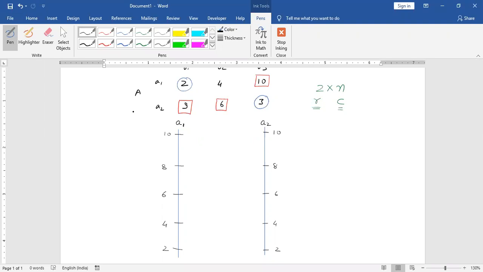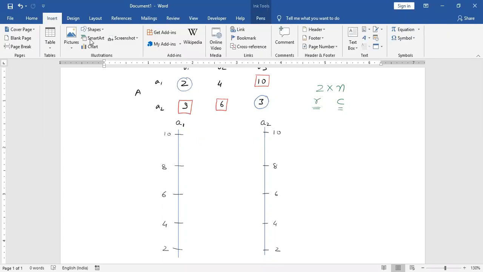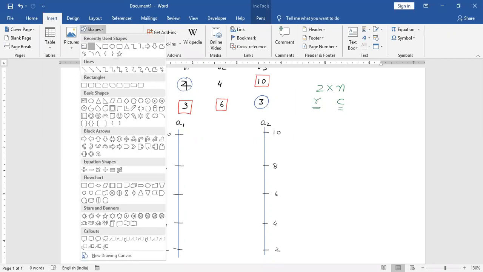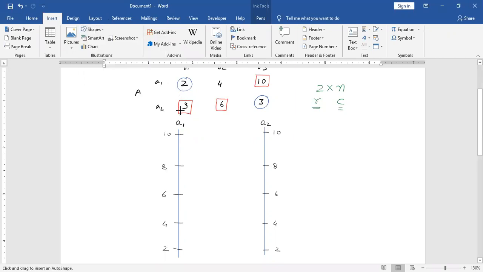Now I'm going to draw a strategy of player B, right? To draw a strategy for player B, the value on A1 is 2 and the value on A2 is 9. So you just have a look.